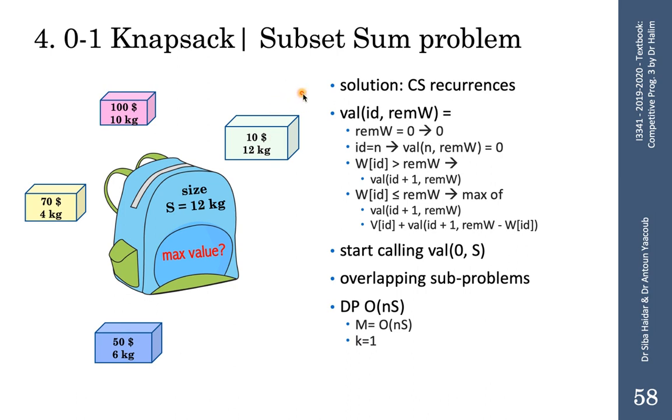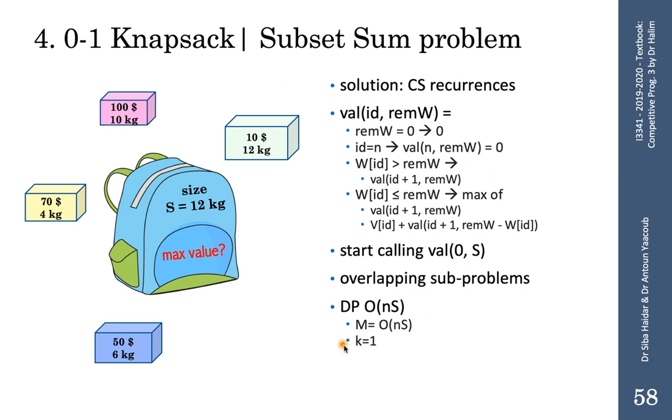We have n different items, and reaching each of these items, I can still have s different possible values going from 1 to s. So the number of states is equal to n times s.